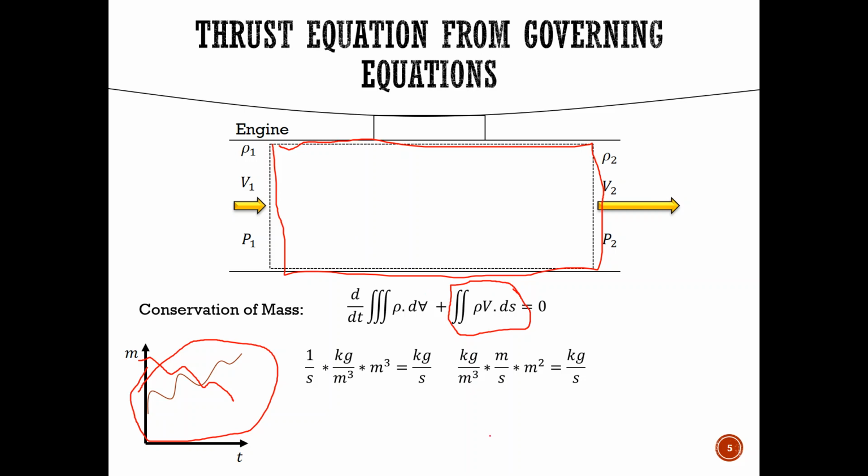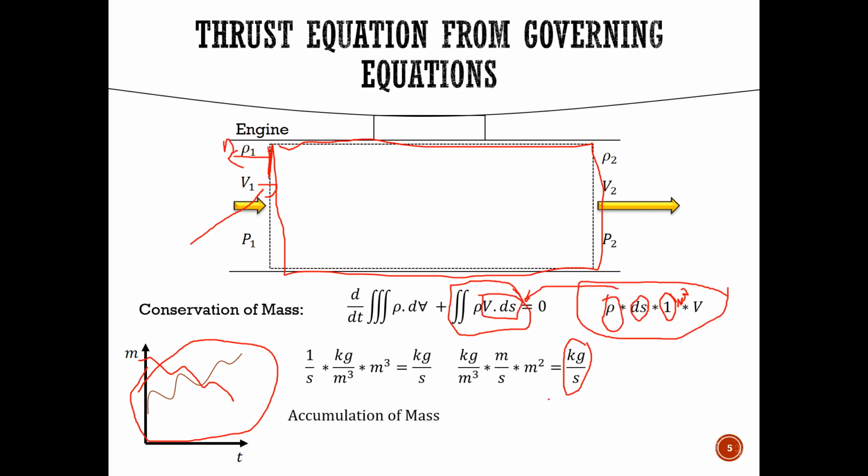The second term talks about mass entering and leaving the control volume. Its units are kilogram per meter cube, meters per second, and meter square, which again turns out to be kilogram per second. We are estimating the mass coming into the control volume and the mass going out. The first term represents the accumulation of mass and the second term represents the mass flux.